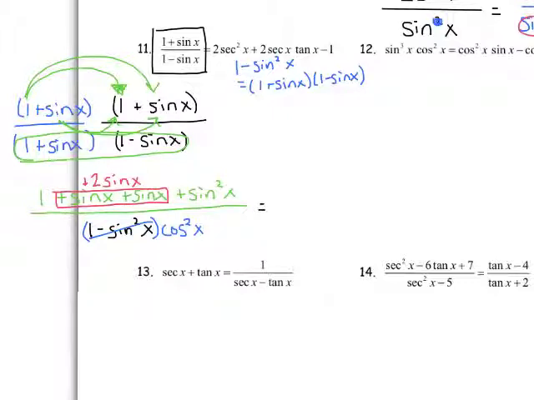So I'm going to write 1 over cosine squared. Then I have plus 2 sine over cosine squared. And then I have plus sine squared over cosine squared.